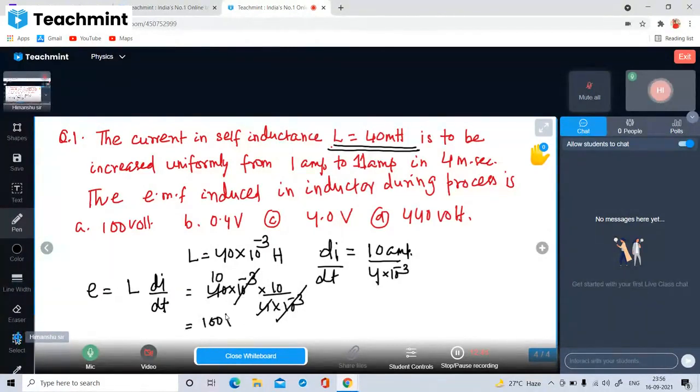So this is 100 volt and the answer is A. Hope you have understood. This is a very easy one, because the change in current is causing the induction of EMF in the circuit, for the process of self-inductance.